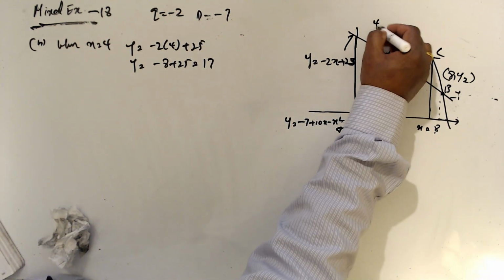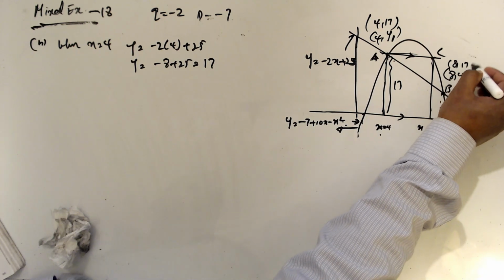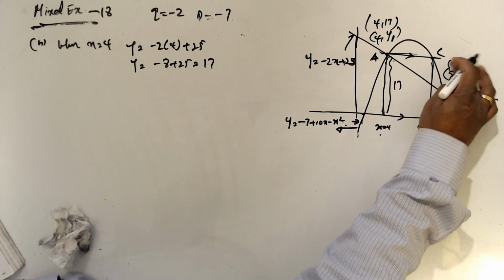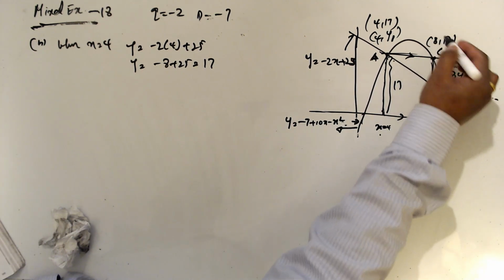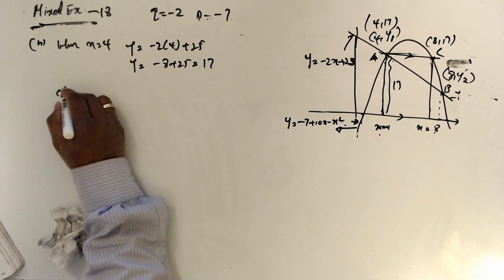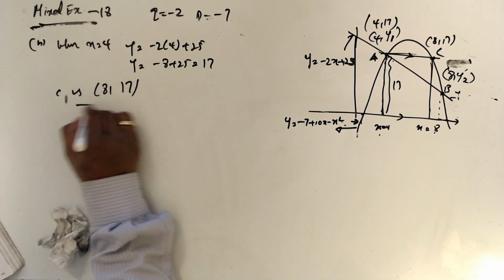So this is 4 and 17, and this is 8 and 17. So yes, this is going to be 8 and 17 because same height. C is 8, 17.